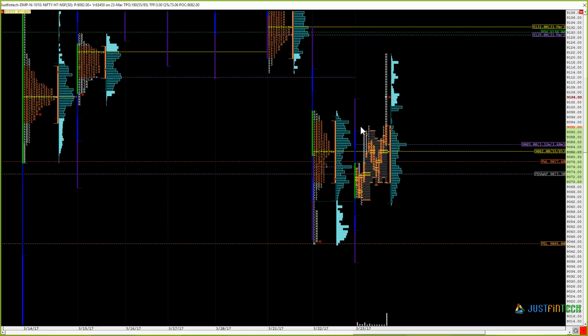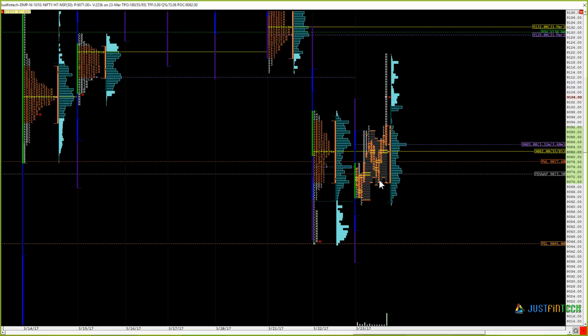D period breaks higher, so now you have this area as a balance. So when the auction is going higher and not getting anything, where it will come is to the point of control of the lower balance, or if it goes lower, it will come back to the point of control of higher balance. So that happens in the J period.